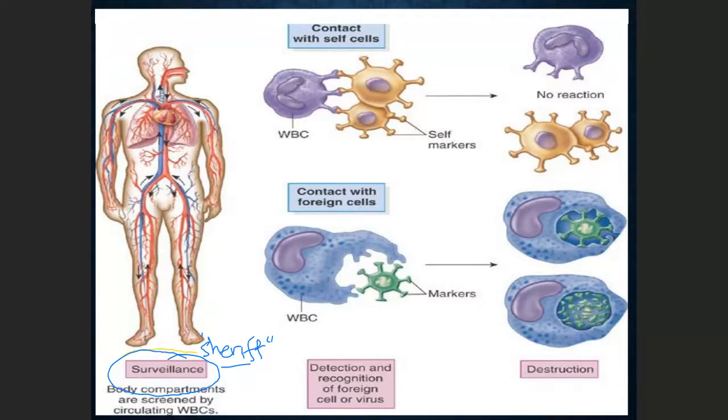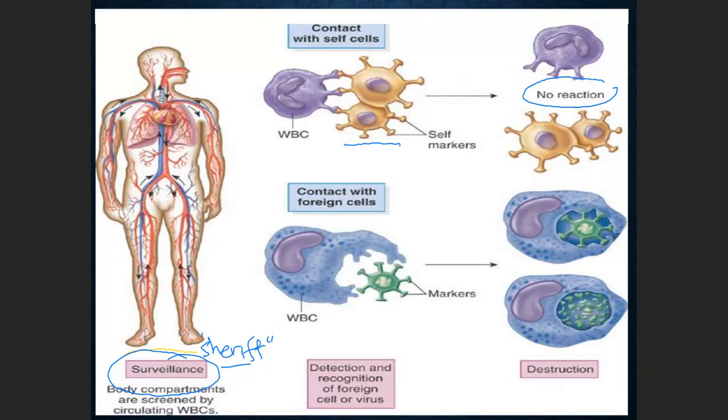If there is nothing happening, they check this normal cell and say, okay, there will be no reaction. You're fine. And then this white blood cell will survey other areas, always like that.